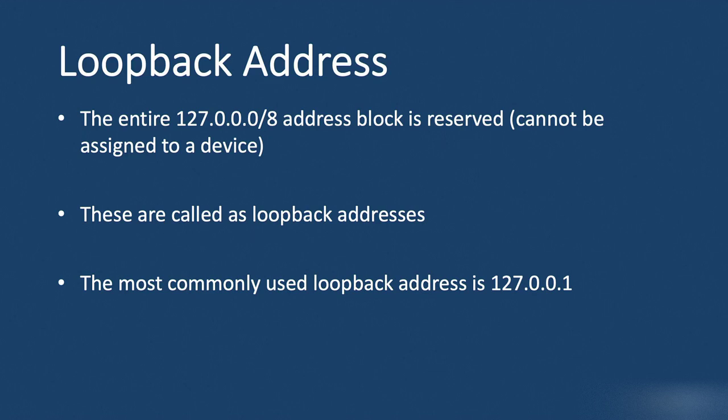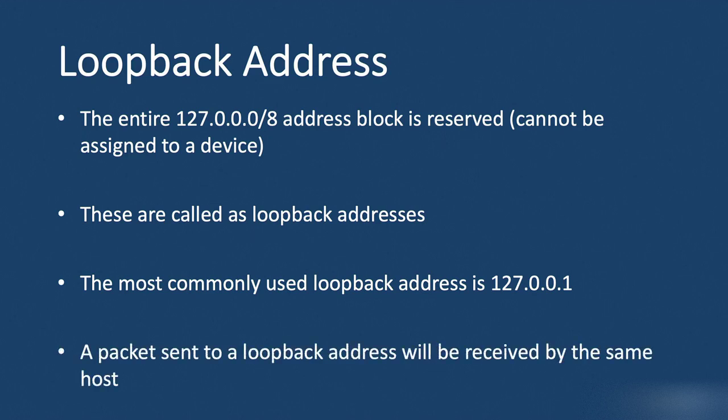This address is also known as localhost. It is your own IP address, meaning 127.0.0.1 represents the device itself. When you send a packet to a loopback address, it is received by the same host.